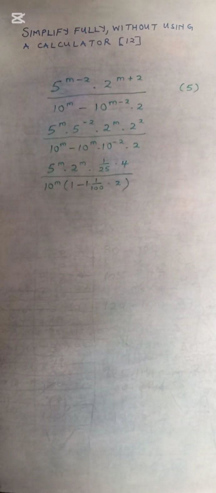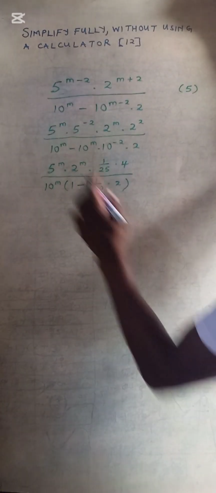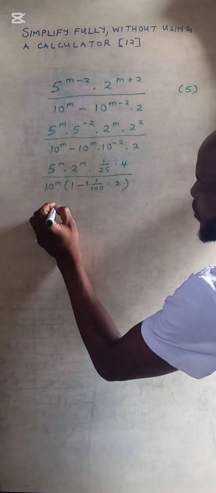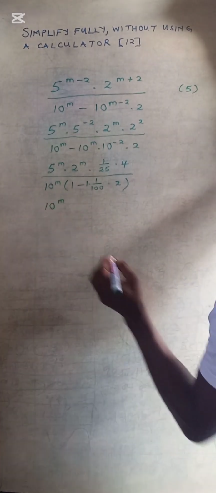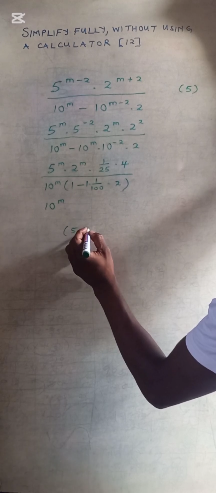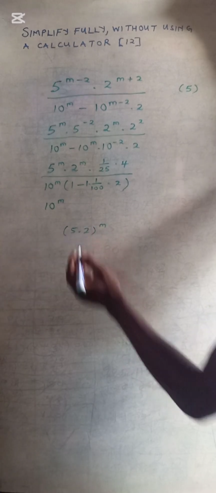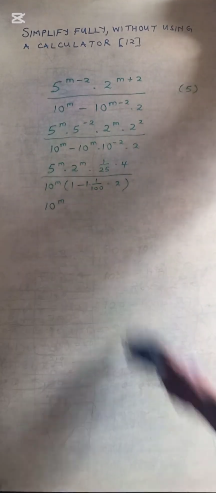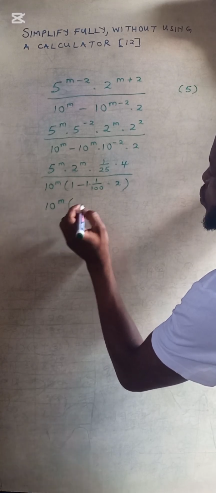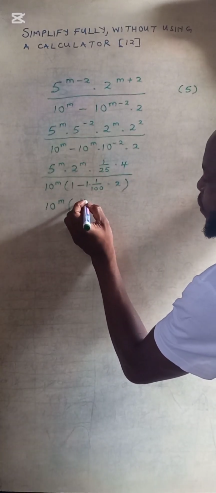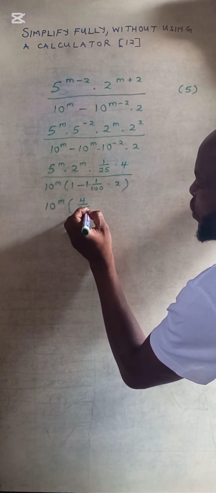Meaning 5 to the exponent m times 2 to the exponent m is the same as 10 to the exponent m, because 5 times 2 is 10, right? 10 to the exponent m times 1 by 4, 4 over 25.